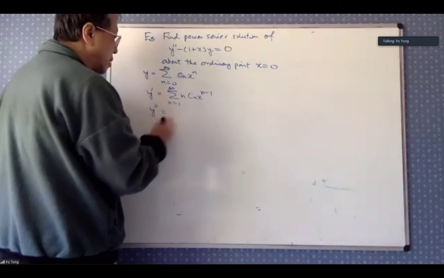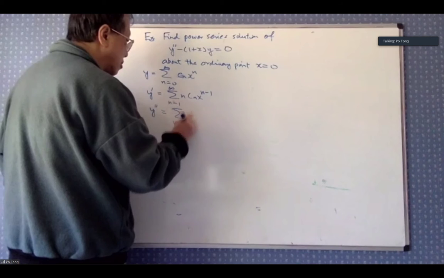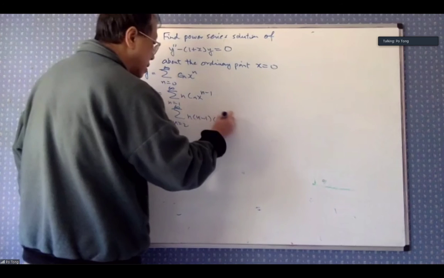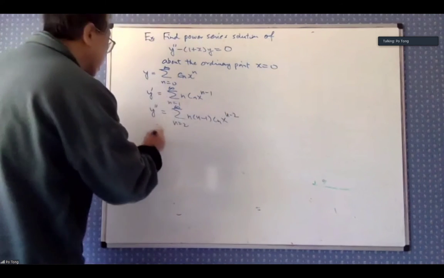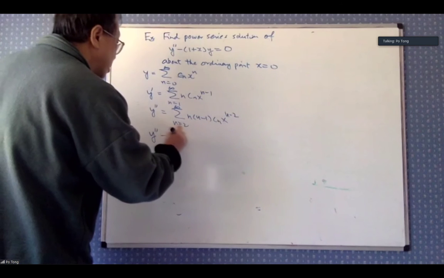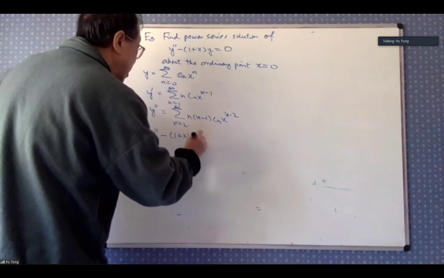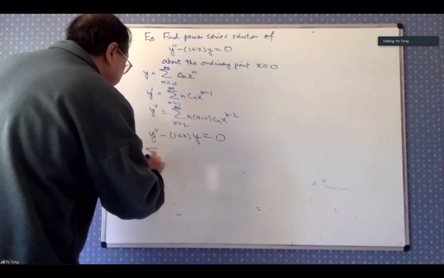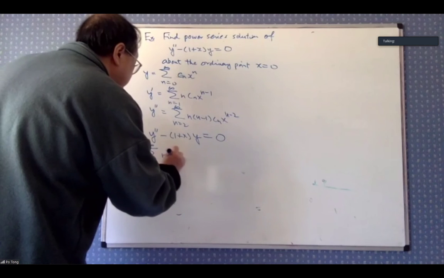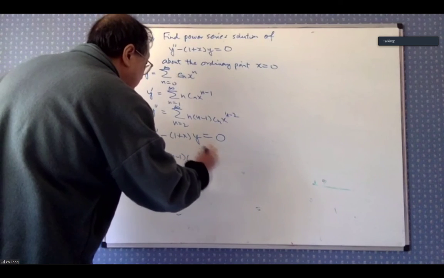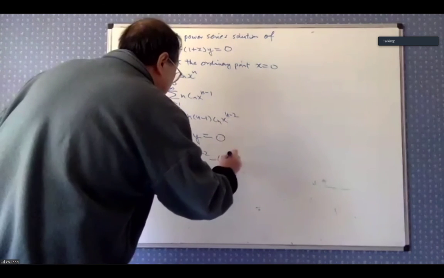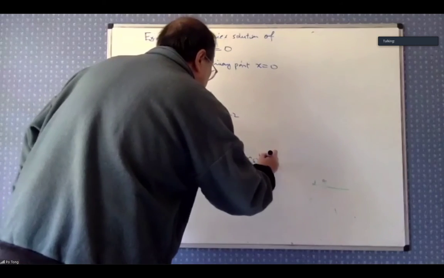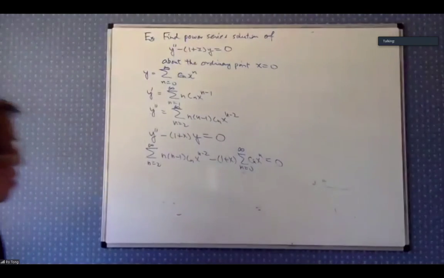Y double prime will be n equal to 2 to infinity of n(n-1) Cn x^(n-2). Then y double prime minus y plus xy equal to 0 will be this. So far so good?